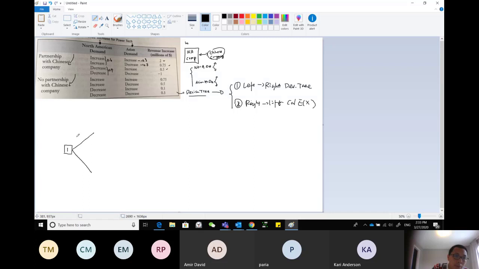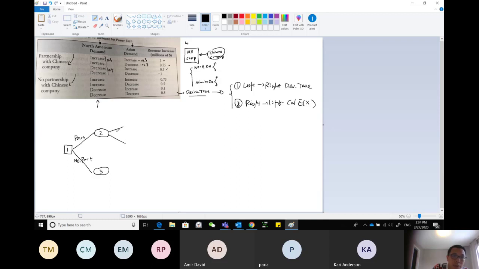So this is a partnership, and this is no partnership. Okay, so that will lead to our second chance node and the third chance node here. And then from here, we'll have 2 branches. That's the second column here, taking care of the second column of the questions.